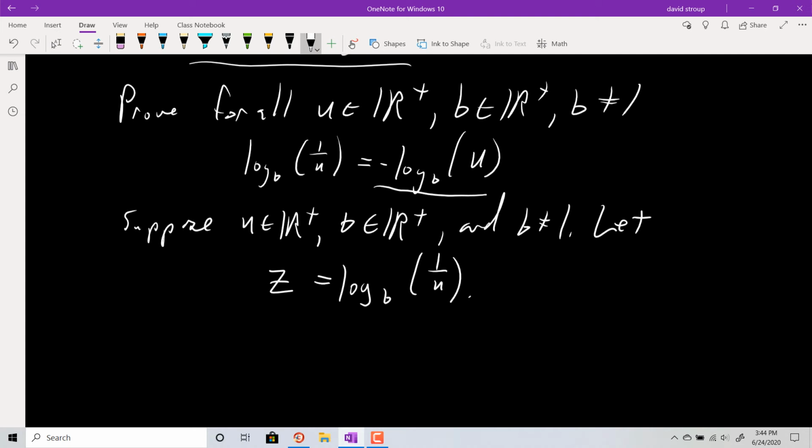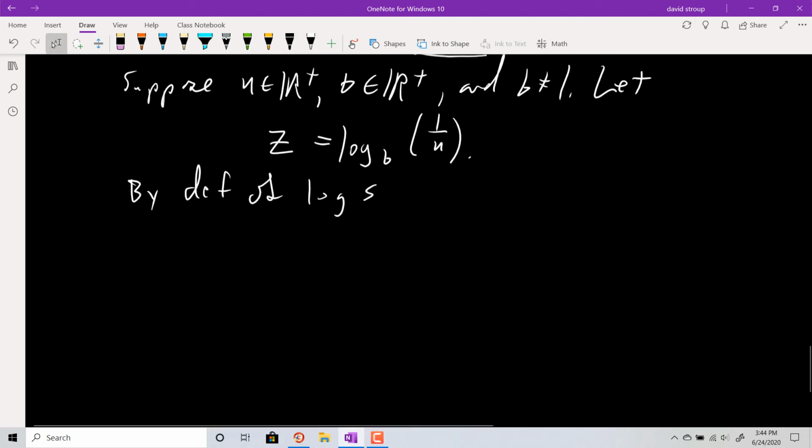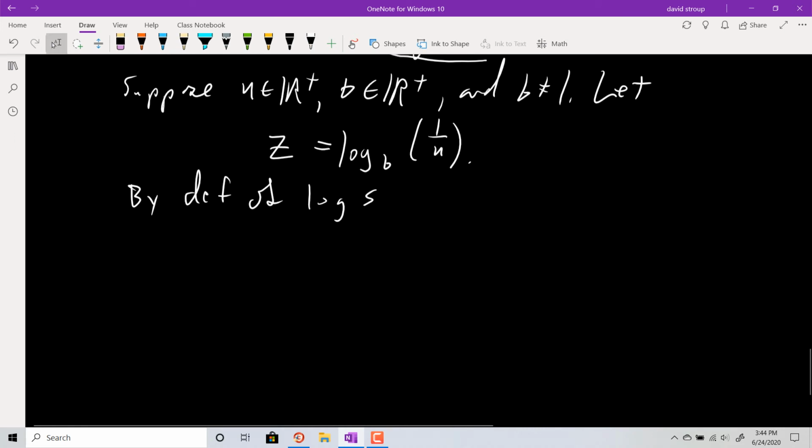Okay, so we first note by definition of logs, we can rewrite z equaling log base b of 1 over u. That equation, we can rewrite as b to the z equals 1 over u.